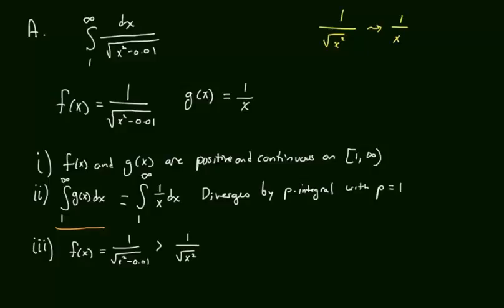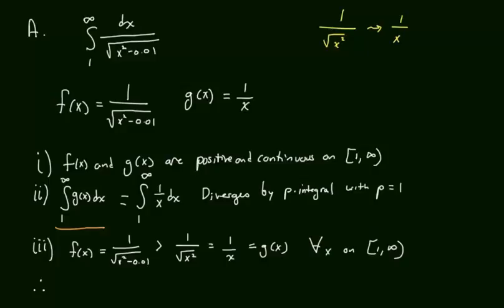See, when we're taking away from the denominator, it's making the fraction bigger. And then this is equal to 1 over x, which equals g of x. So we successfully showed that f of x is always bigger than g of x, and that's for all x on 1 to infinity.